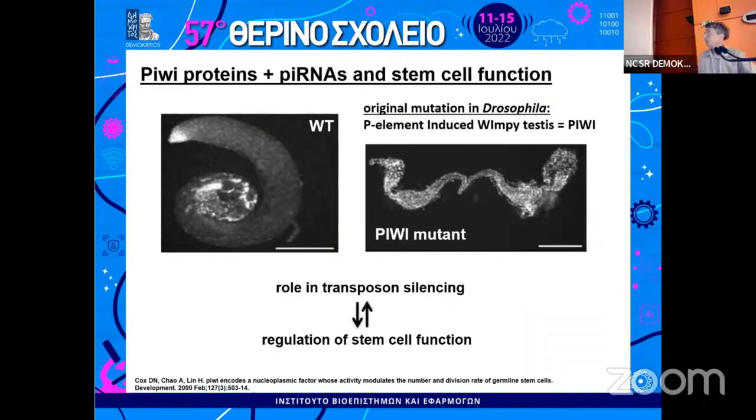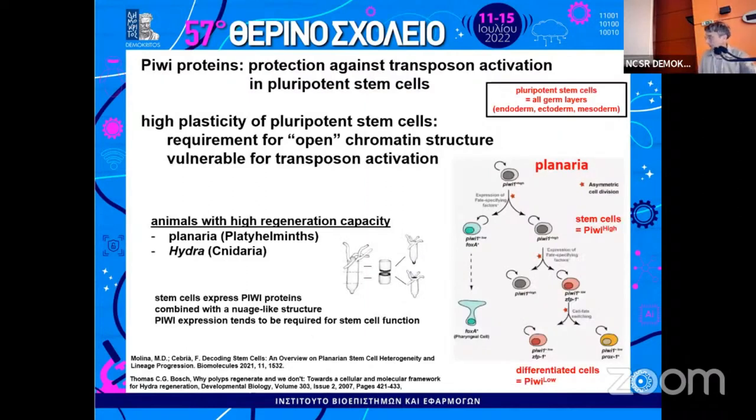With respect to stem cells, there are different types. The most potent stem cells are pluripotent stem cells. And for the PIWI proteins, we can speculate they provide protection against transposon activation in the pluripotent stem cells. This is because of the high plasticity of these pluripotent stem cells, which requires an open chromatin structure.